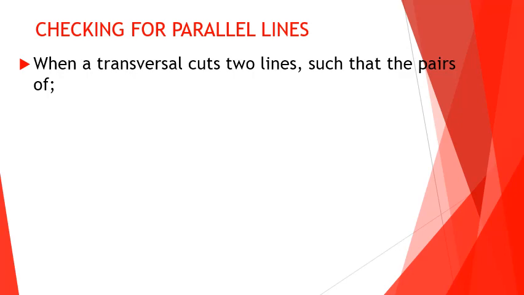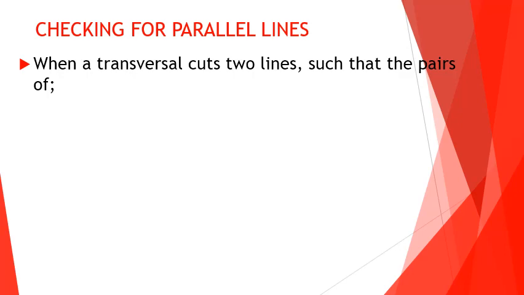Or if the alternate angles are equal, then also the given lines are parallel. Or similarly, if the interior angles on the same side of the transversal add up to 180 degrees, then also we can say that the given lines are parallel. So we can note down these things.